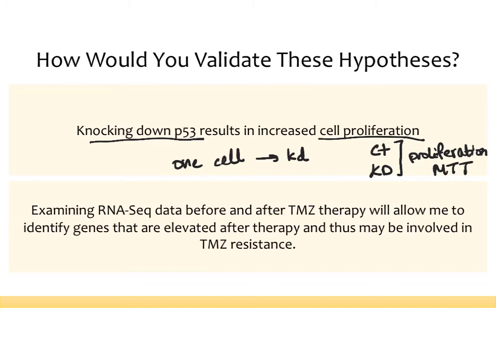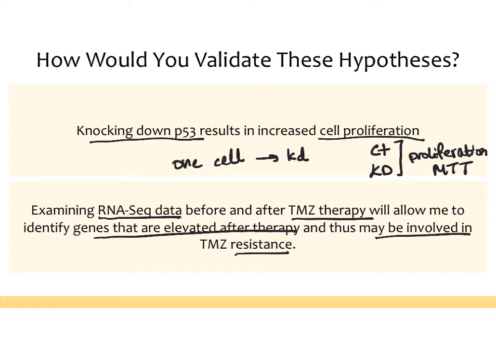Another example of a hypothesis validation would be this one. That was the more complex hypothesis that we talked about as an example. So we talked about this hypothesis where we said examining RNA-seq data before and after TMZ would allow identification of genes that are elevated after therapy and may be involved in resistance.